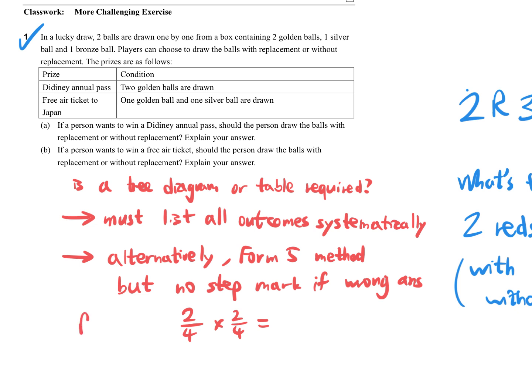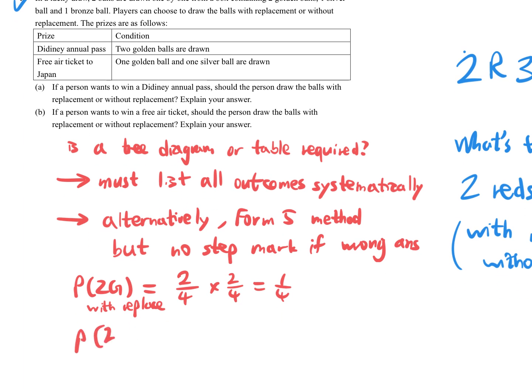If you know Form 5 methods, you may be able to write probability of 2 goals with replacement is this one, whereas probability of 2 goals without replacement is this one. If you don't know what I mean, then, well, if I have the time, I can teach you this, but don't use these methods yet.